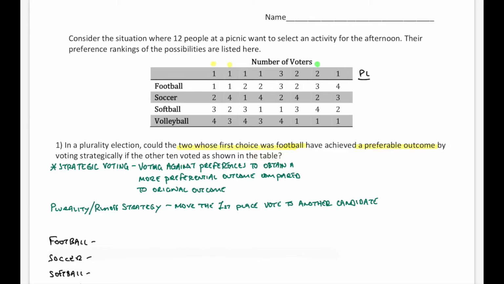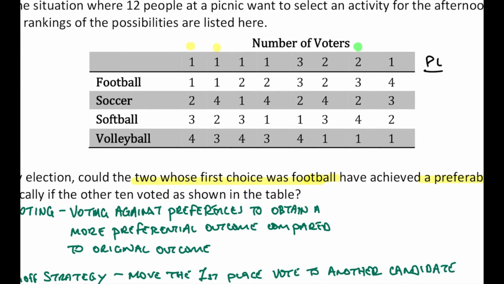Looking at this, let's first determine our plurality winner. Using our preference table, I'm going to look at all of those first place votes. Football has those votes, soccer receives the vote from that column, softball receives the votes from those columns, and volleyball receives the votes from those columns. Going across the top, football receives 1 vote, 2 votes. Soccer is going to receive 1 vote.